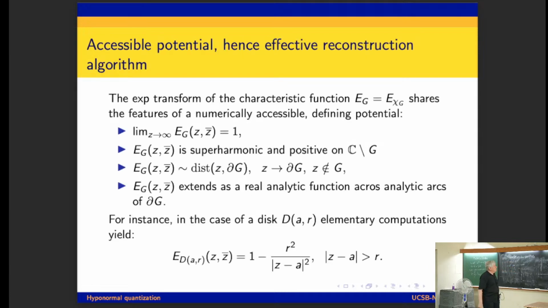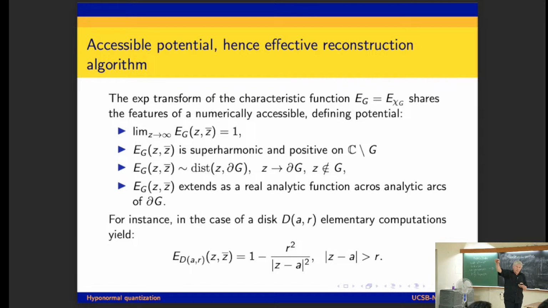And now this transform has a lot of properties which we used quite a long time ago now for image reconstruction. So at infinity, obviously, it is 1. If we start, let's say, with a bounded open set, it is superharmonic on the diagonal outside.